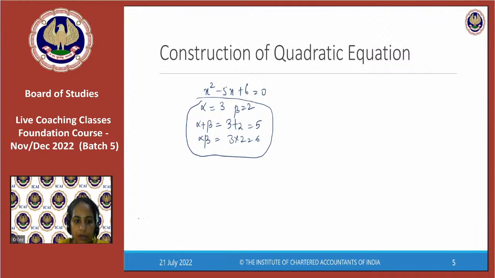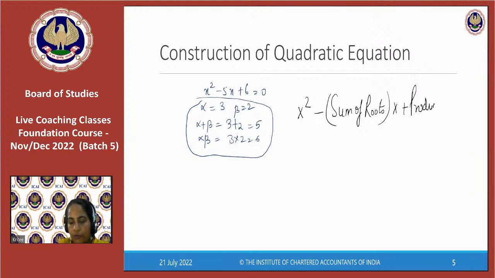The quadratic equation is x square minus (sum of roots) into x plus (product of roots) equals 0. You can again treat it as a formula or you understand it. This is exactly what is happening here also.